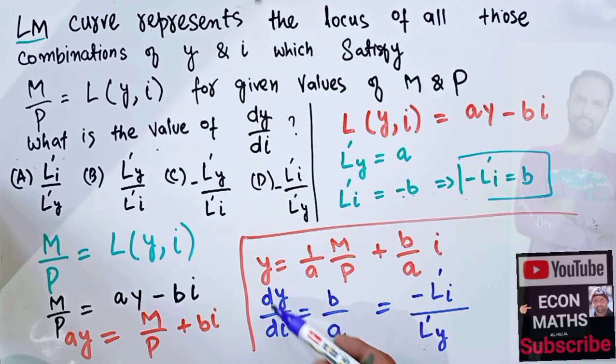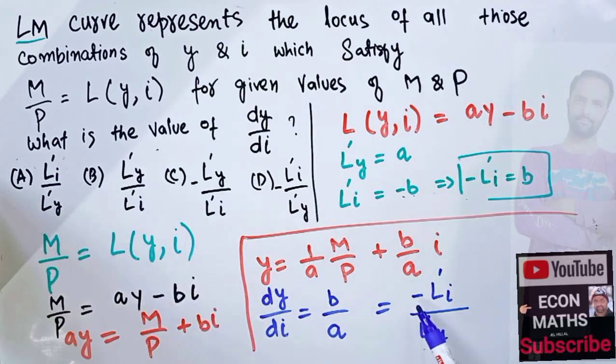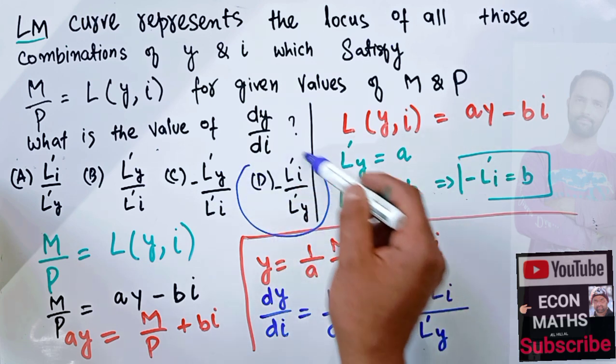So dy upon di is simply the ratio of the interest sensitiveness of demand for money and the income sensitiveness of demand for money. So the correct option should be, I guess, with L. We should have a negative sign. We have negative in these two, so L dash I. So option B D should be the correct option.